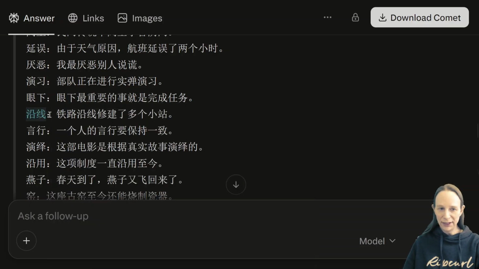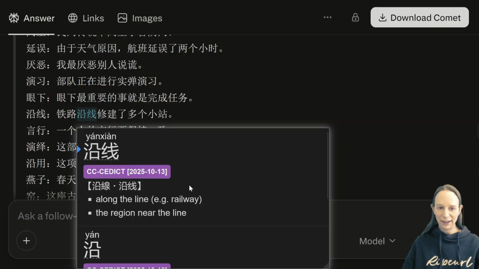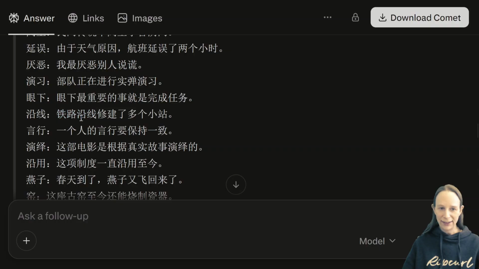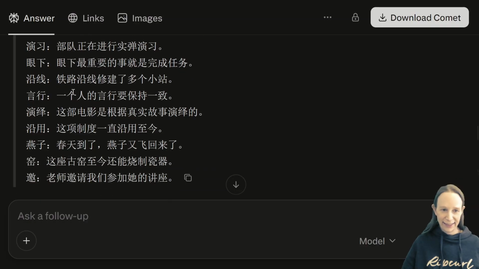沿线, we saw. Do we remember what it was? 铁路沿线修建了多个小站. What was it again? Along the line. Okay, so 铁路 is a railroad, so along the line of the railroad, there are a few stations. 言行. Yeah, so 言行, words and behavior, right?